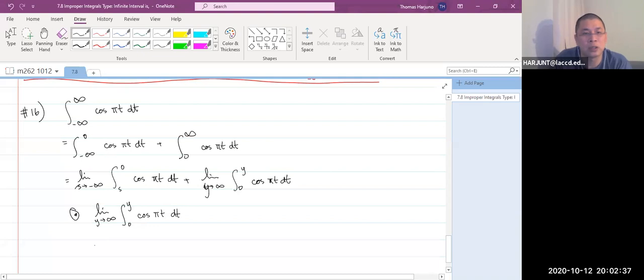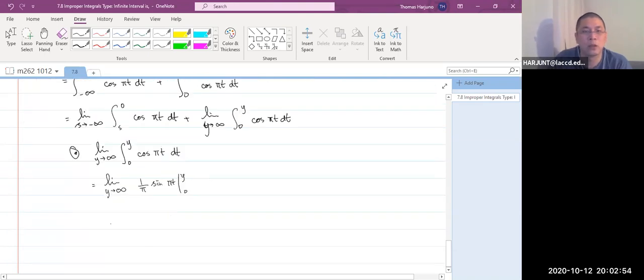Now this equals the limit as y goes to infinity of 1 over pi sine pi t from 0 to y, which is 1 over pi times the limit as y goes to infinity of sine pi y minus sine 0, which is 0.